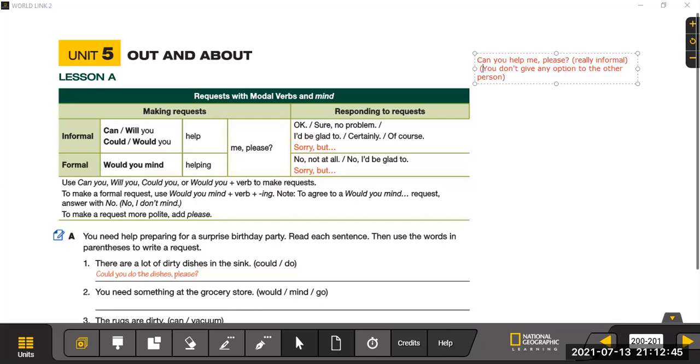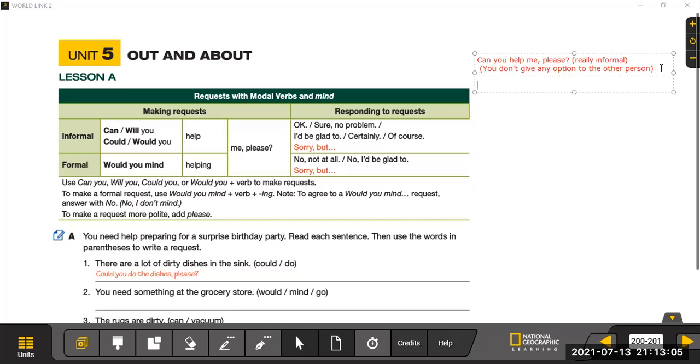It's like, well, teacher, you have to repeat because I need you to repeat. It's not like I can say yes or no. You don't give the other person an option to decide. Understand? That is why it is informal.